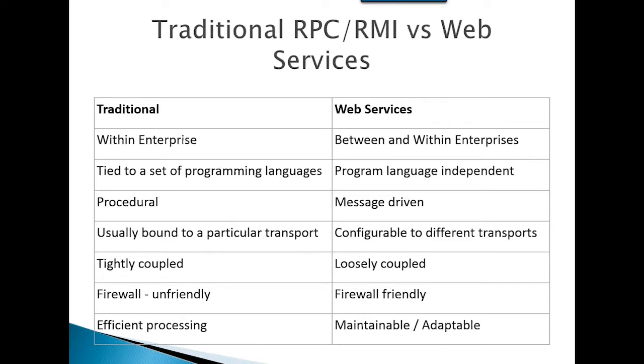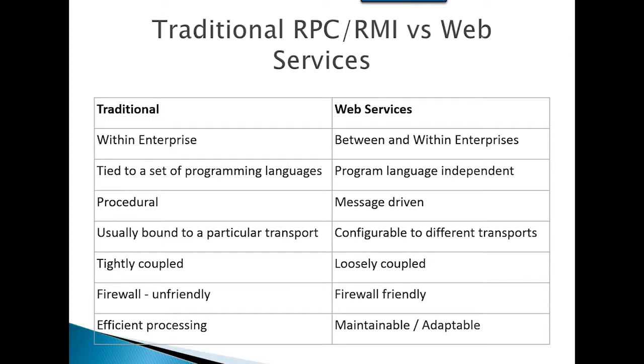So the traditional remote procedure call, as we call it, means that you're calling a program that's remote and you're executing it as if it was sitting right there locally. And remote method invocation was a traditional way many years ago of doing web services.